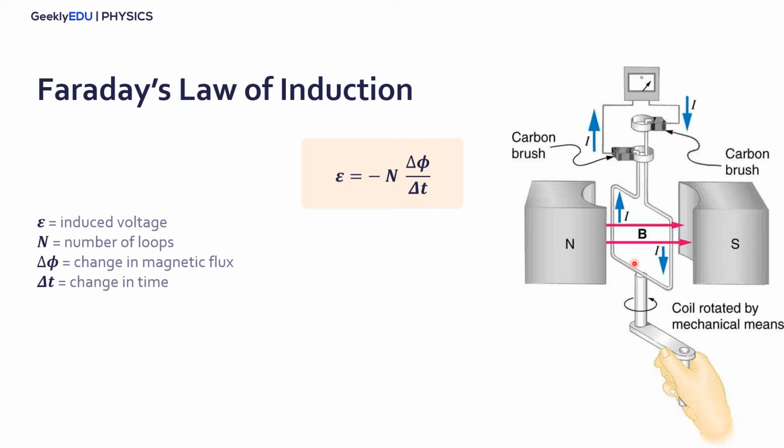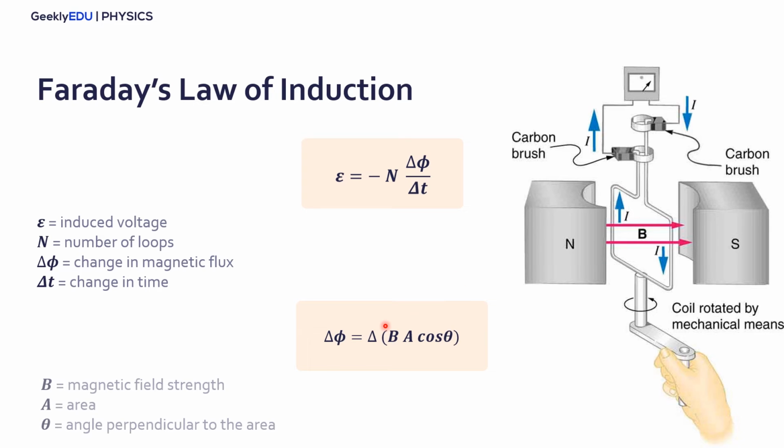You can rotate this coil to produce a change in the magnetic flux, and then an induced voltage. For a case like this, the change in the magnetic flux would be the magnetic field strength inside here times the area of the coil times the cosine of the angle perpendicular to this area.